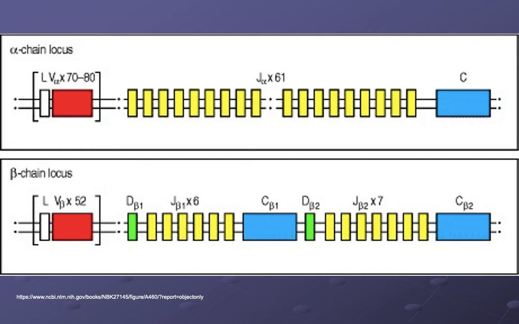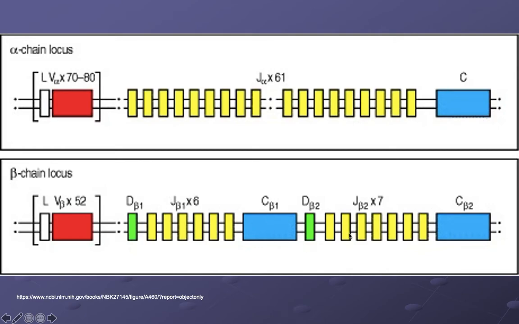For the TCR beta chain, the locus is found in chromosome number 7. It has a different organization, with a cluster of about 52 variable beta gene segments located distantly from two separate clusters, each containing a single diversity gene segment.